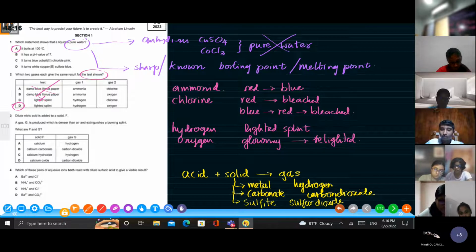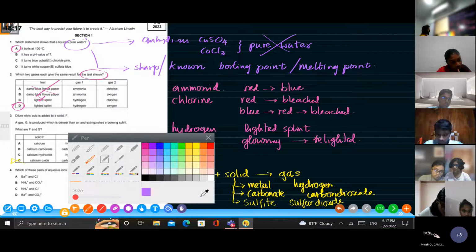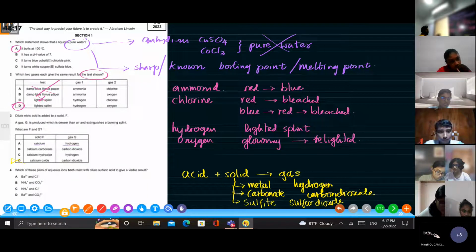And now they are asking what is the answer. Of course, calcium oxide is out because it doesn't give you a gas with acids. Calcium gives you hydrogen gas. But does it tally with the rest of the information?